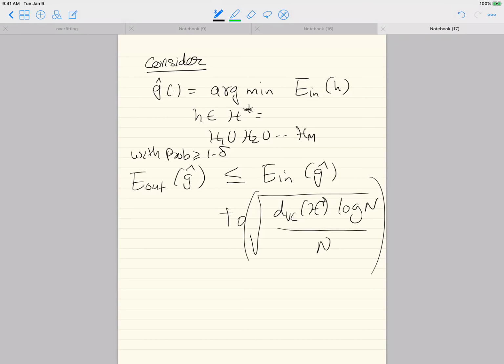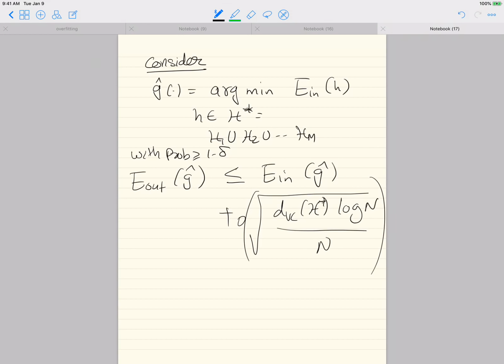This is purely a problem where you have some hypothesis class, and you're choosing a hypothesis from this class that happens to minimize the training error. Then what we know is that the test error and the training error are related via the VC dimension. It's the square root of the VC dimension times log n by n.